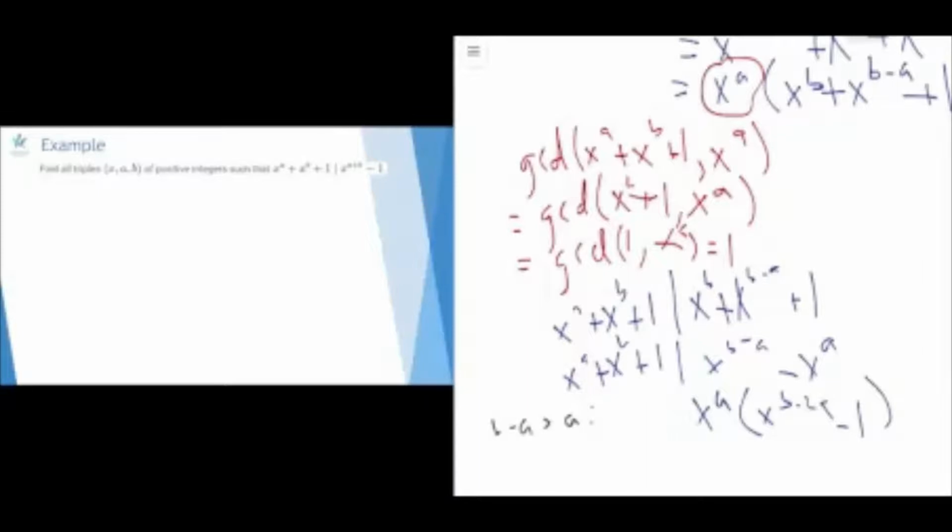So this left-hand side divides this thing. And since x to the a is relatively prime to this thing, we know as a consequence that x to the a plus x to the b plus 1 divides x to the b minus 2a minus 1.